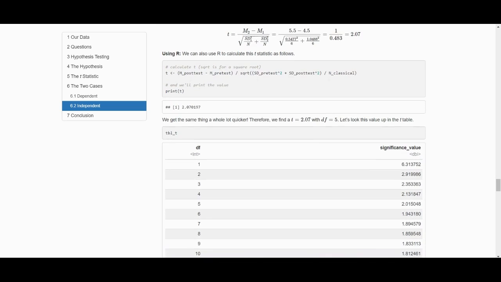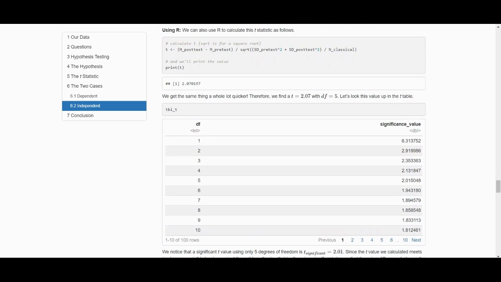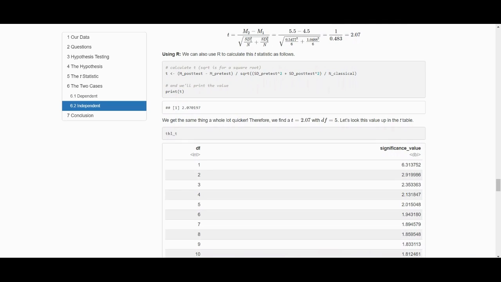And you can do this by hand too, using the table above. Well, we can also use R to calculate this t-statistic. So we're going to assign to a variable t the difference between mean post-test and mean pre-test, which is exactly this 5.5 minus 4.5 above. And then we divide by the square root, just like we've done here, of the pre-test standard deviation squared and the post-test standard deviation squared divided by our n, which is 6.